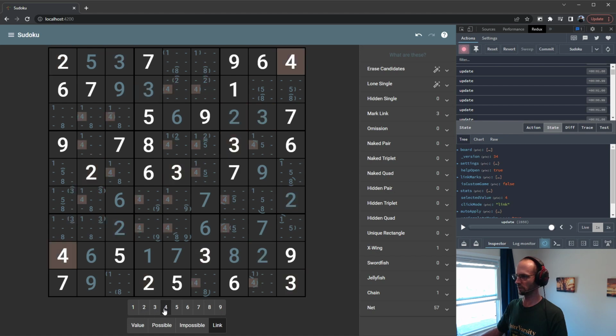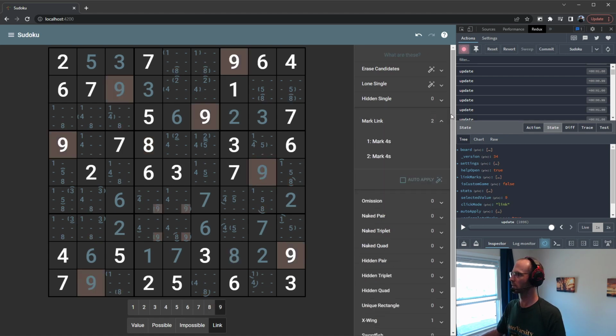It's a lot of 4s. I see the pair there and there, but those are both marked already. Here's one. 7, 8, 9.